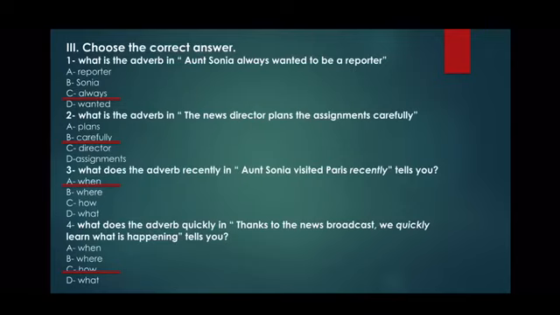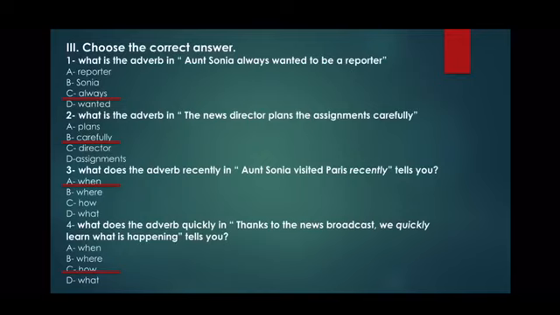What does the adverb recently in the sentence Aunt Sonia visited Paris recently tell you? Recently, so it tells me when. Okay, you should be familiar. So recently tells you when. When did Aunt Sonia visit Paris? You would answer recently.